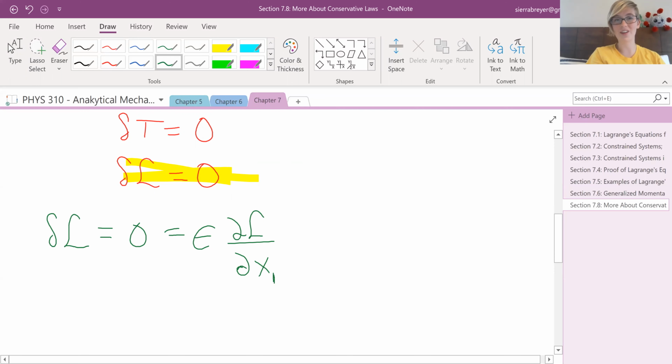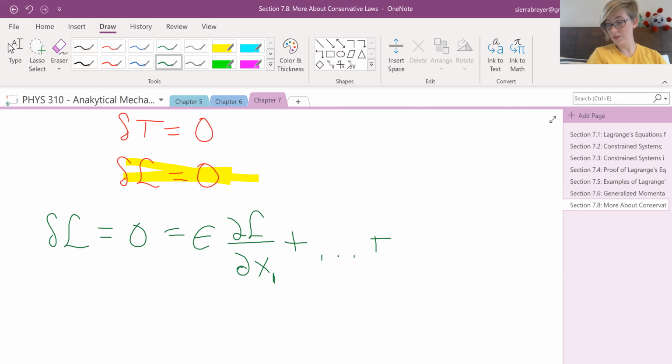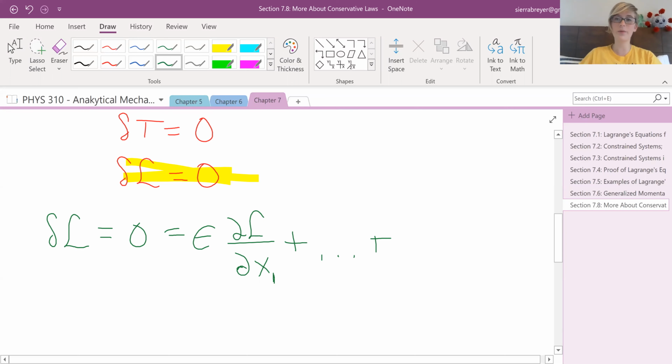So I'm going to call it x1. And that would be plus dot dot dot, and then it would go all the way out into the infinite particles. We're going to look at it as one-dimensional since all of our arrows point the exact same way, which is really what you would do individually. The Lagrangian is only looking at one dimension at a time.